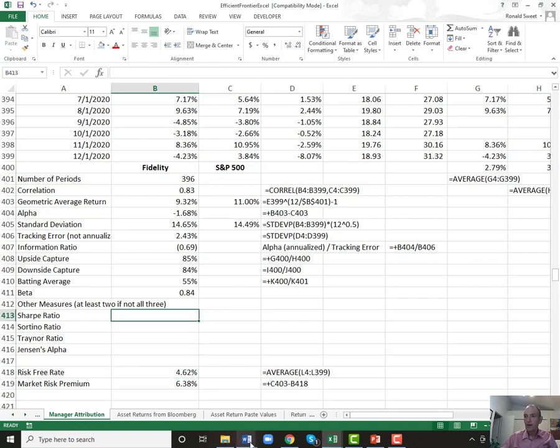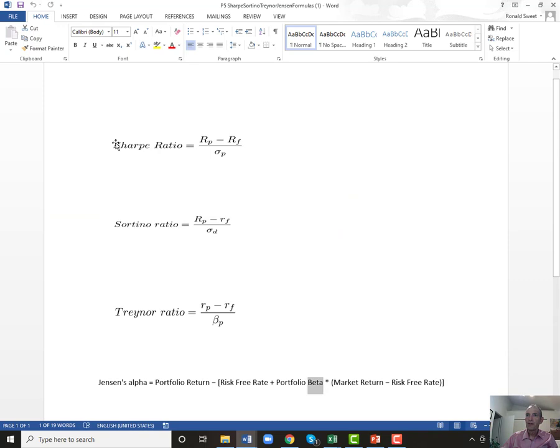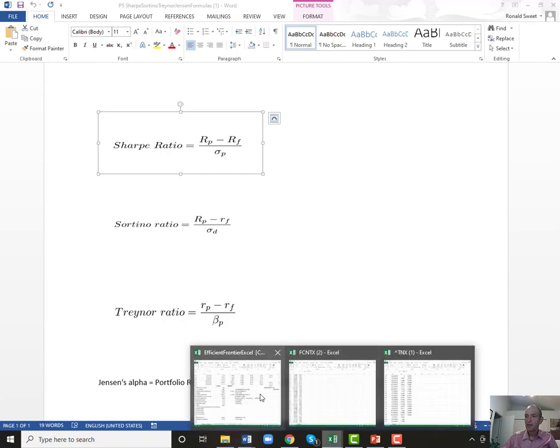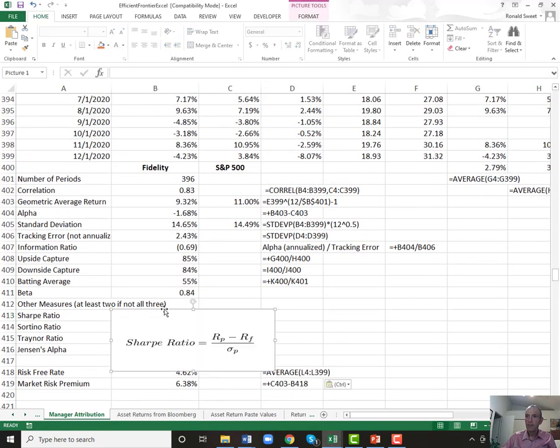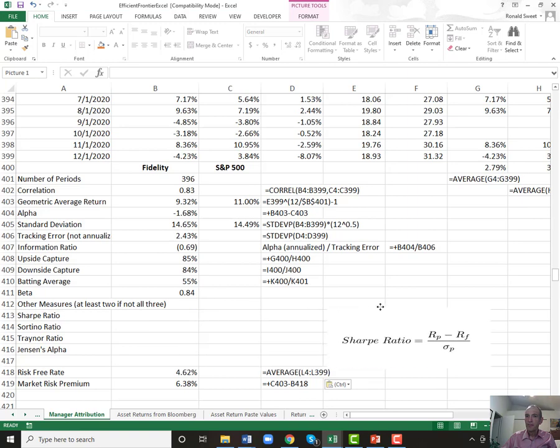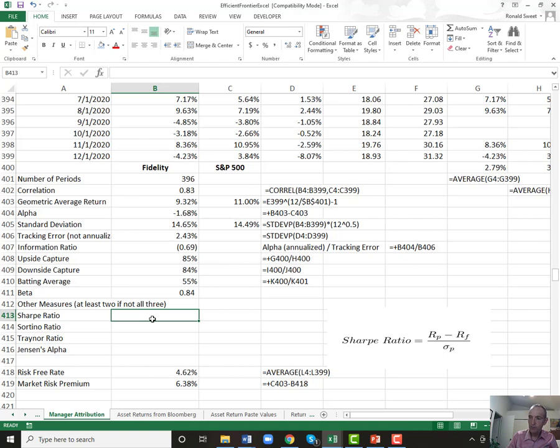If you need some help, just bring this document over one piece at a time so you can remember. So we'll do the Sharpe. I always get them confused between which one's using standard deviation and which one I'm using beta, but Sharpe definitely uses standard deviation. That one's pretty easy to remember because that's the one hedge funds use.